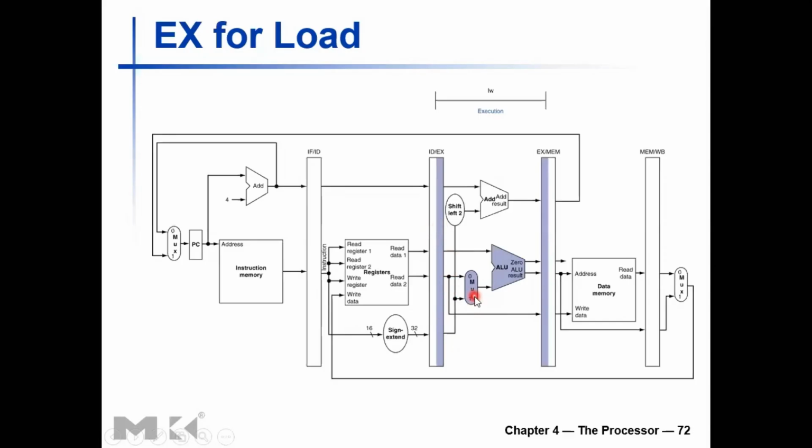So that control signal should be connected here to make sure that you're taking the 1 input instead of the 0 input, right? I told you we'll be discarding the second register read because that is not used by a load instruction. That particular register is the one that we'll be writing into. We are not reading that for the load instruction.